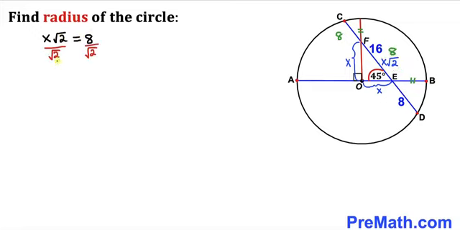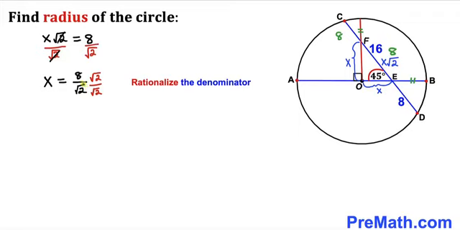Let's go ahead and divide both sides by square root of 2 to isolate x. This is gone. So therefore x turns out to be 8 divided by square root of 2. Now let's go ahead and rationalize the denominator by multiplying by square root of 2 and dividing at the same time by square root of 2 as well.